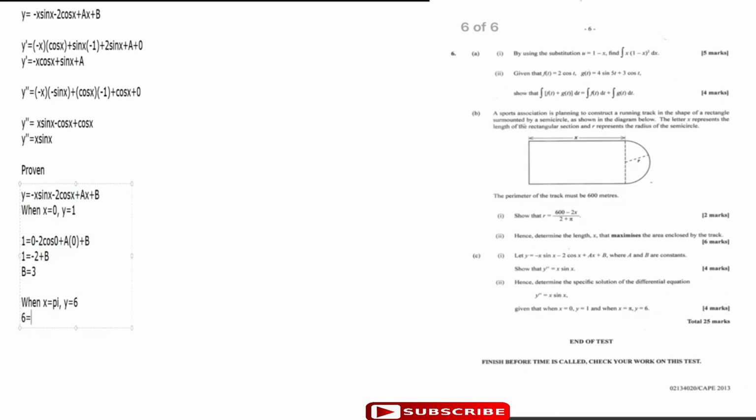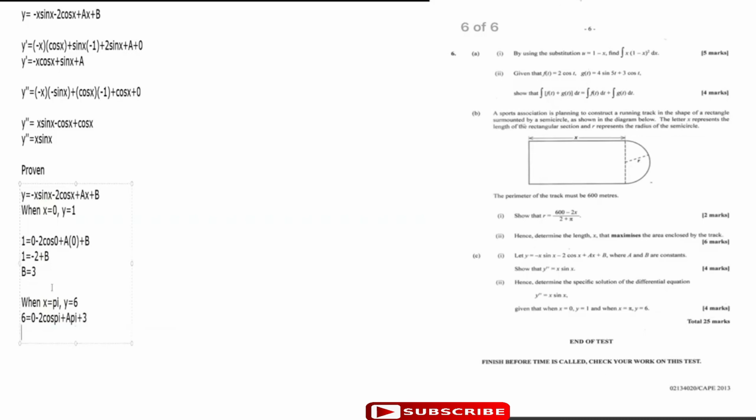So 6 is equal to, the sine of pi is 0, so we can just put 0, minus 2 times the cos of pi, plus a times pi, plus b, but we found that b is 3.